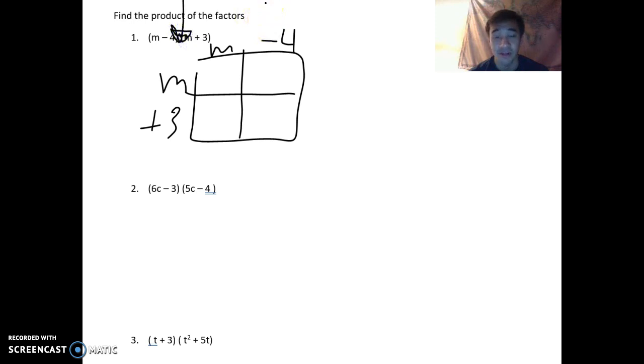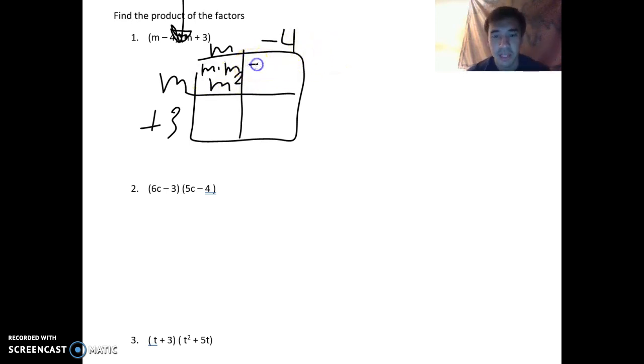Wow, that is a hideous arrow. So that means I'm going to multiply my two terms to get my final term in the box. Therefore, this will be m times m, which is m squared. Wow, should have made a bigger box. You live and learn.